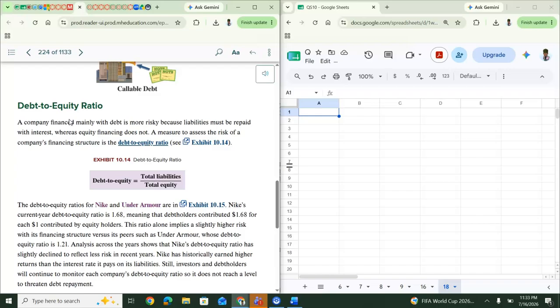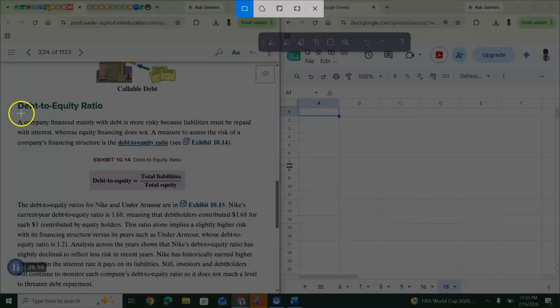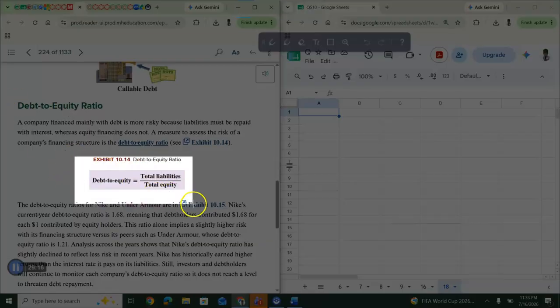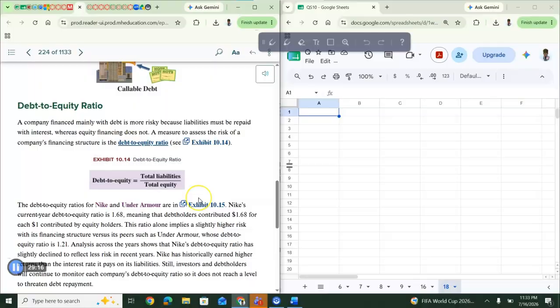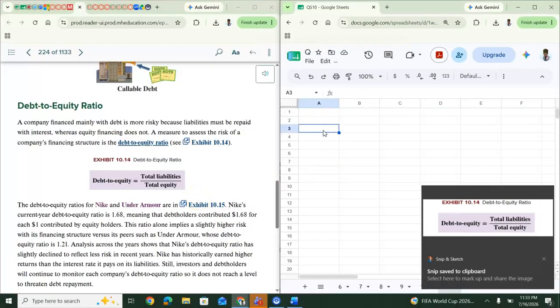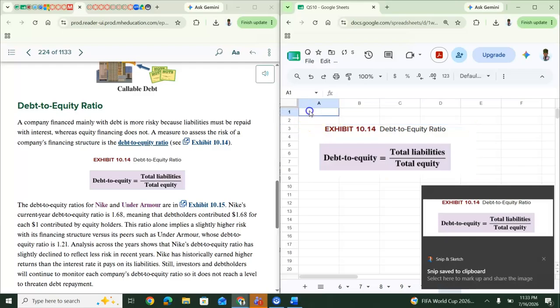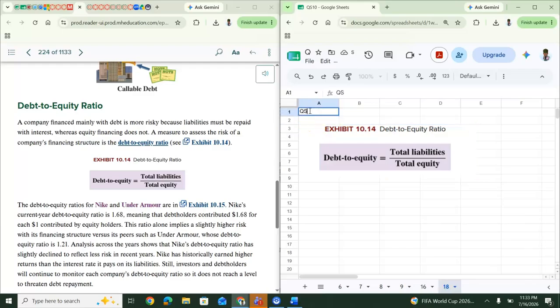I'm going to do a screenshot capture, and I'll get a copy of exhibit 10.14. And then I'm going to paste it somewhere here on my spreadsheet, and this will be my quick study 10-18. And then I'll go back to the quick study problem, so I'll know exactly what I'll need to do.